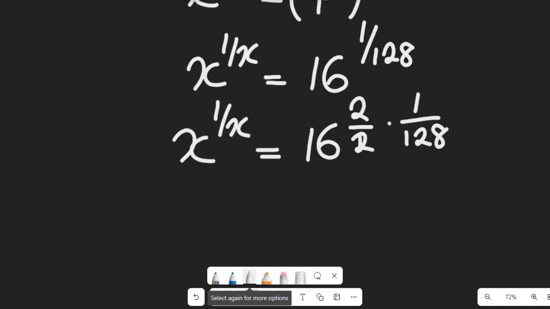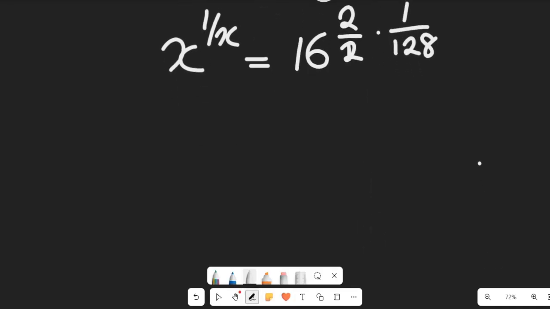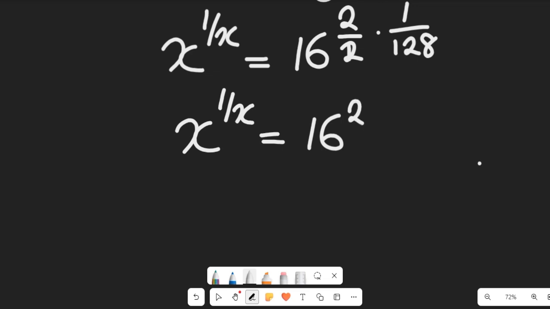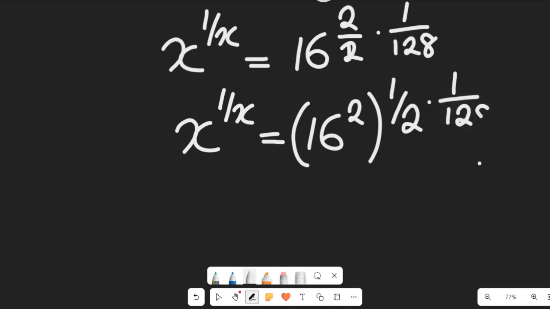So if you multiply that, we'll have x to the power of 1 divided by x equal to 16 to the power of 2, or multiplying 1 divided by 2 multiplying 1 divided by 128.